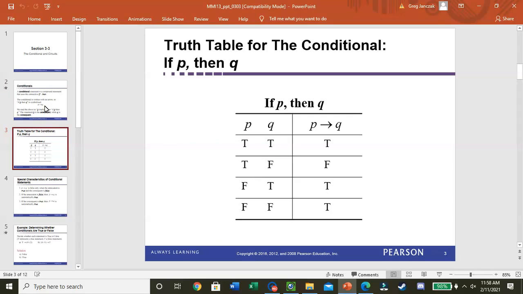Okay. Now, if conditional statements is different than the others, right here where it says if true then false is false, put a star on that, because this is the only time a conditional statement is false. Okay? Everything else is true.